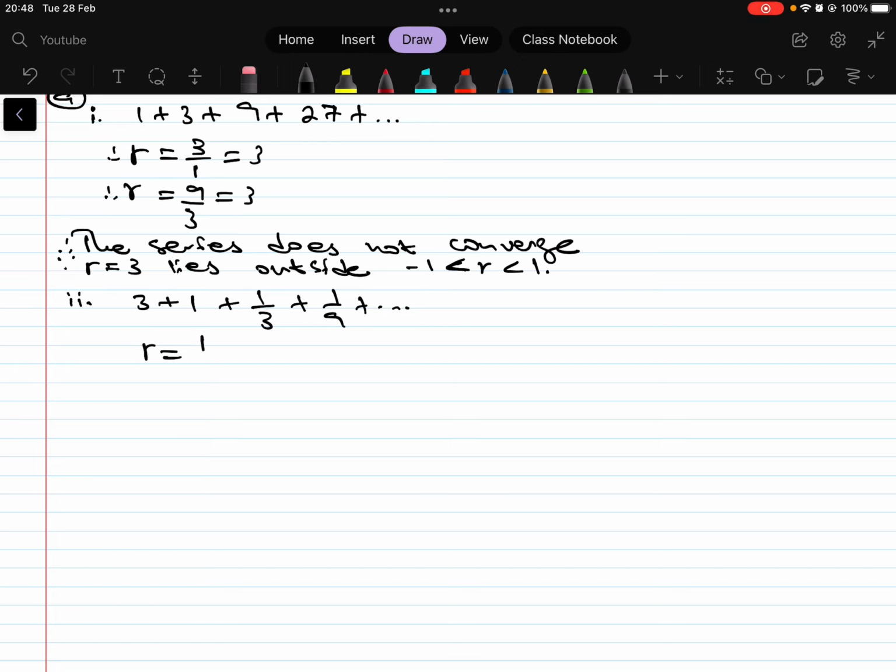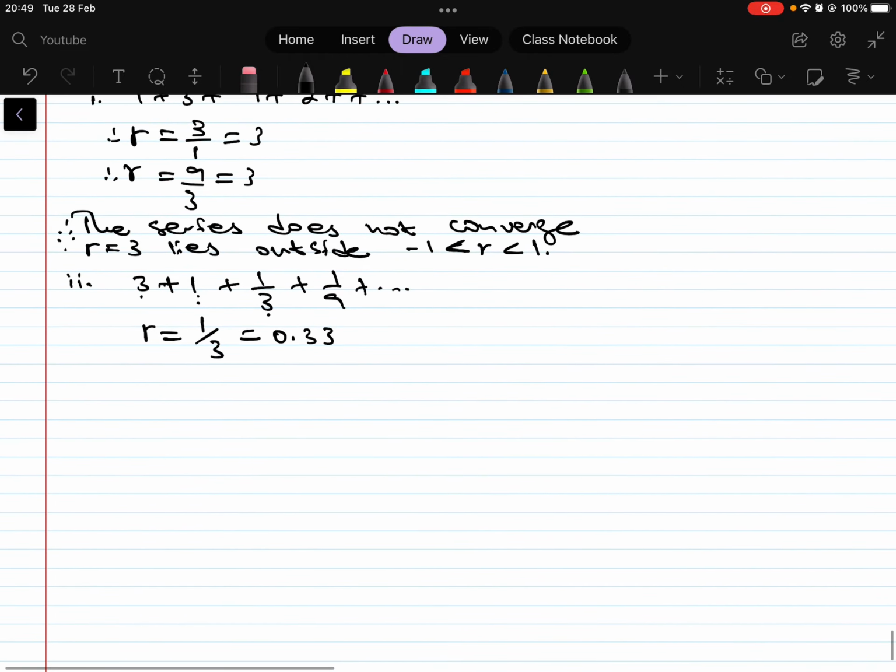You can just calculate it as 1 over 3, second term divided by the first term, or you could use third term divided by the second term. Is 1 over 3 a value between 1 and -1? If you write it in decimal, you would realize that it is actually 0.33, which means it's actually between 1 and -1.